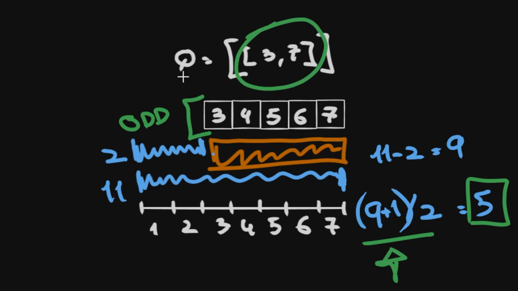Remember, we can have up to 10 to the power of 5 queries. So if we have more than 1 query, we just need to sum all of these results for each query. So this is it for the approach. I know this is a lot, but I recommend you to take this step by step. So now let's go with the code, and hopefully you will get the idea.